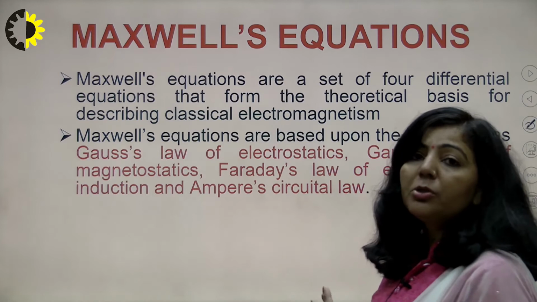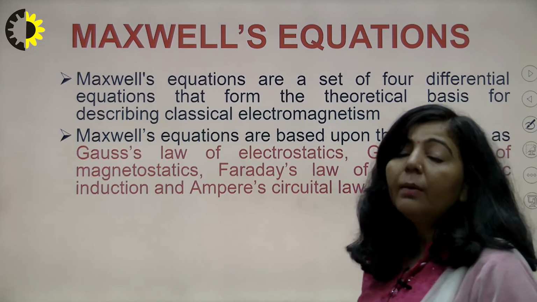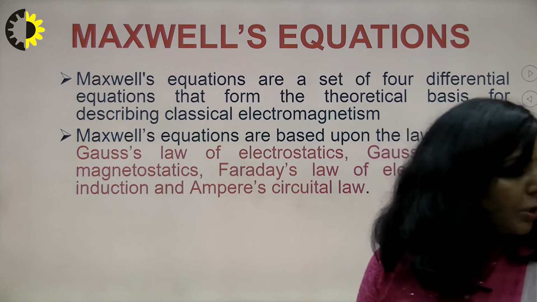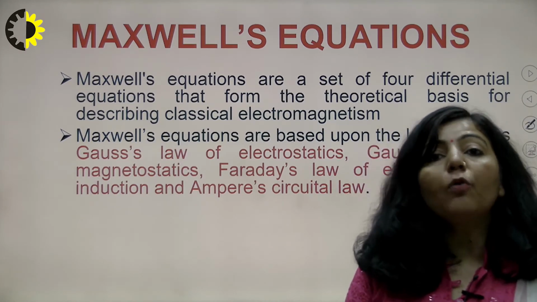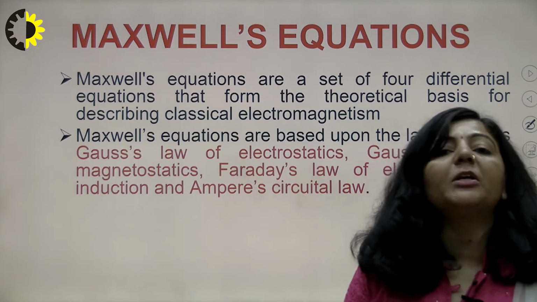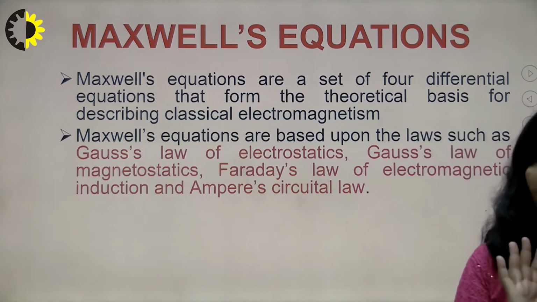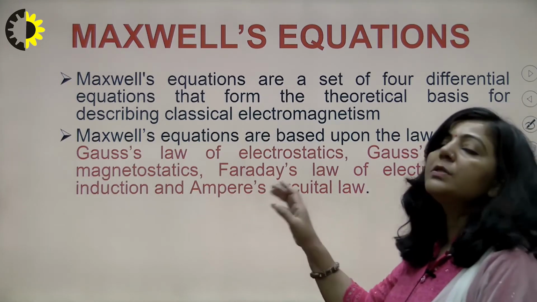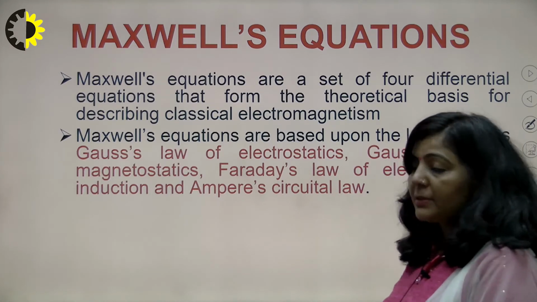You know that Ampere's law states that the closed line integral of magnetic field is mu naught times the current enclosed. The current is not only the conduction current, there is one more type of current, which is known as displacement current, and that displacement current is due to a time varying electric field. So you are going to use that modified Ampere's law which we have discussed in our previous lecture.